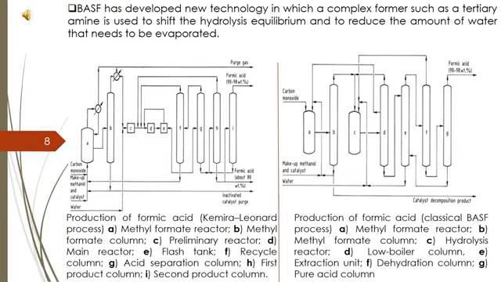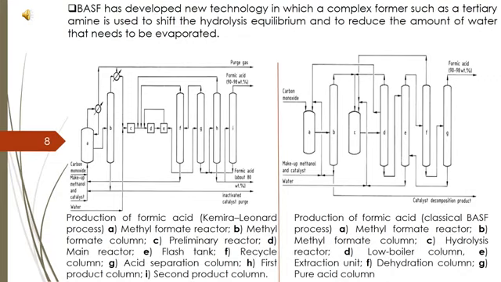Then there was a direct link of the flash tank with E and with G. There was no direct contact of E with F, but whatever was being recycled from F was coming back to D. So this is the difference here in the BASF process.